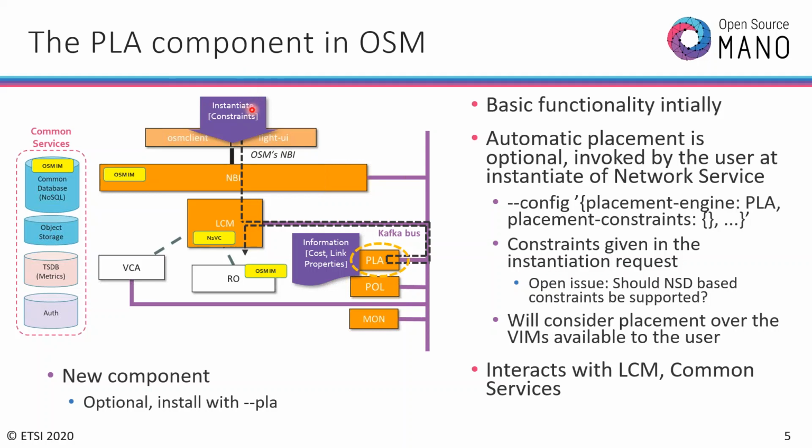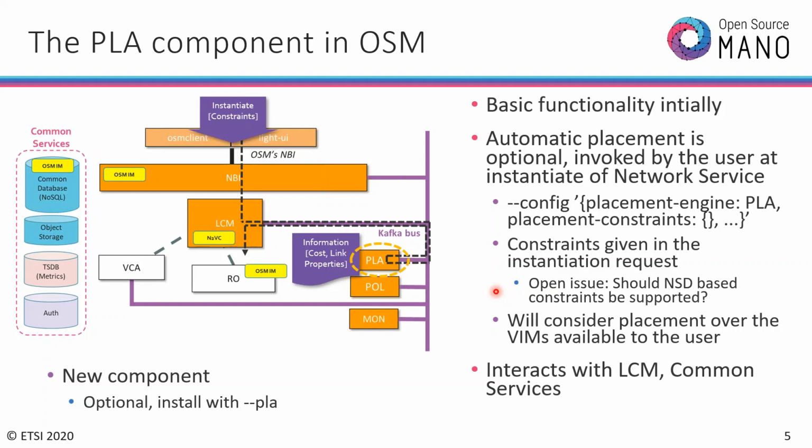As it is now, the constraints are given at instantiation time. It could also be so that some network services will inherently carry their own requirements.